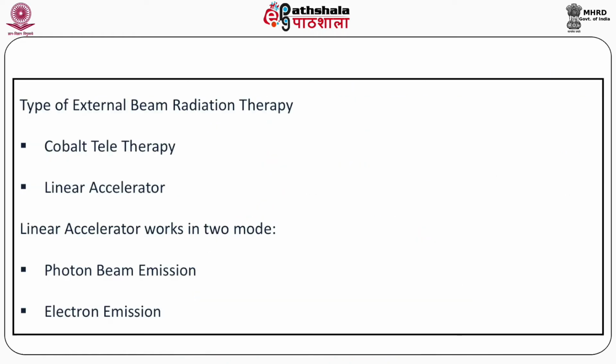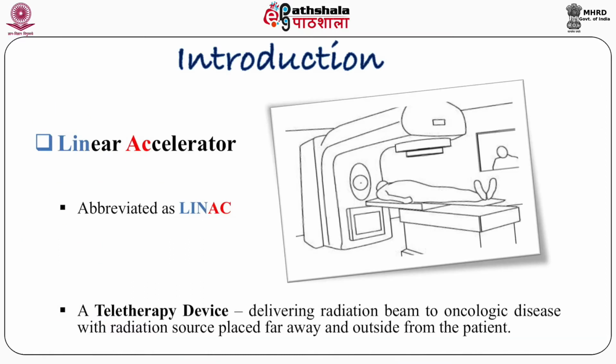A linear accelerator works in two modes: one is photon beam emission, the second is electron emission. This shows the picture of a linear accelerator with a head and a big arm.